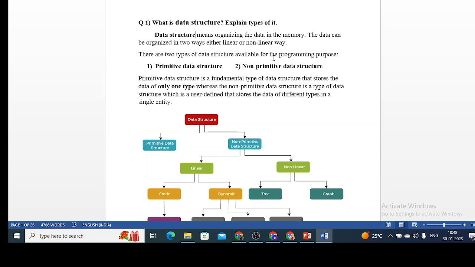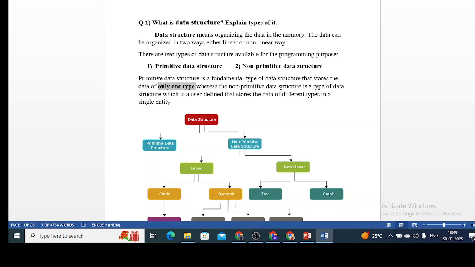Which is available for programming purpose. सबसे पहले हम देख रहे हैं यहाँ पर primitive data structure. Primitive means ऐसा डेटा स्ट्रक्चर जहाँ पर आप केवल एक टाइप का डेटा स्टोर करोगे. For example, you can say character, integer, float, ऐसे डेटा टाइप्स को आप प्रिमिटिव डेटा स्ट्रक्चर कहेंगे. So primitive data structure is a fundamental type of data structure that stores the data of only one type.